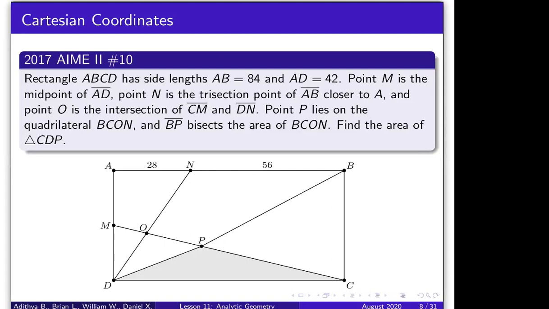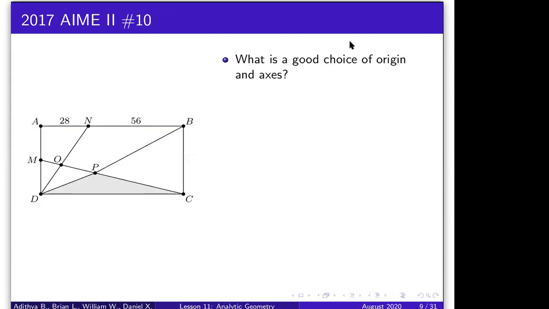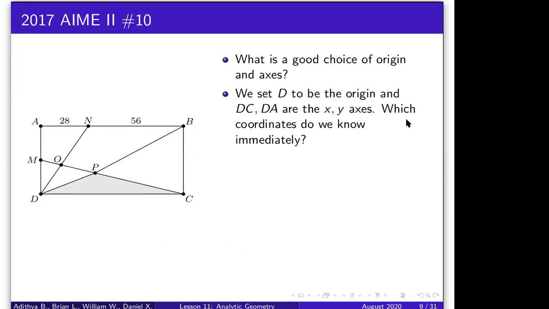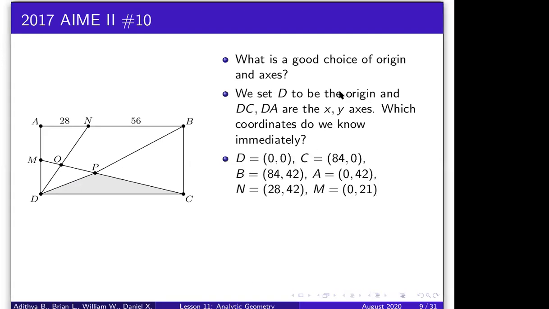AD will be the y-axis and CD will be the x-axis. And given this setup, which points do we know the coordinates of immediately? Yep, so we just know all the points on the sides. We know D, C, B, N, A, and M because all their values were given. So the values are displayed on the screen. This is just coming straight from the definition of coordinates.